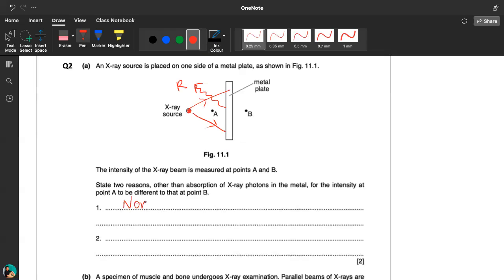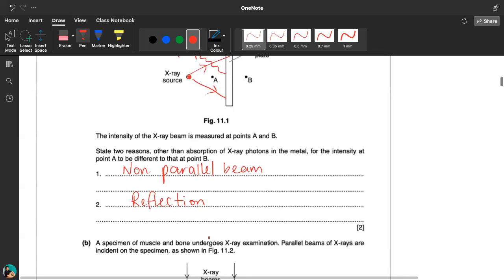So we said non-parallel beam, and also due to reflection. Diffraction, scattering, all that will occur. Right. B.